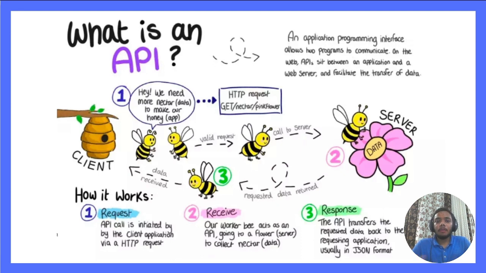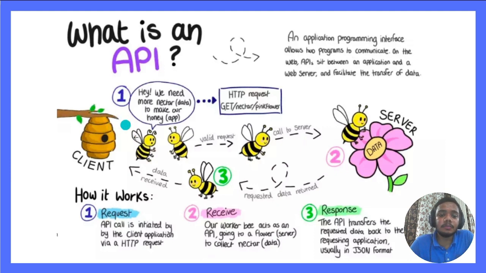So this type of validation is required whenever we generate an API request. The validation means checking whether what the client is asking can be provided by the server or not. Here it is nectar and the server is the flower, so it can easily provide it.